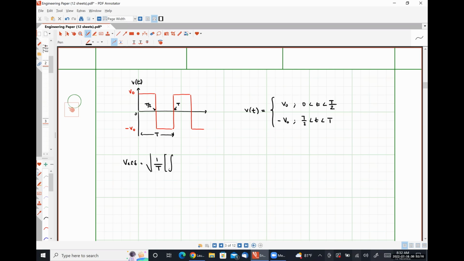So I'll have one integral here from 0 to capital T over 2 of my voltage value V naught squared dt. And then I'll have a second integral for the second part of my piecewise function, where I'm integrating from capital T over 2 to capital T of negative V naught, my voltage value, squared dt.